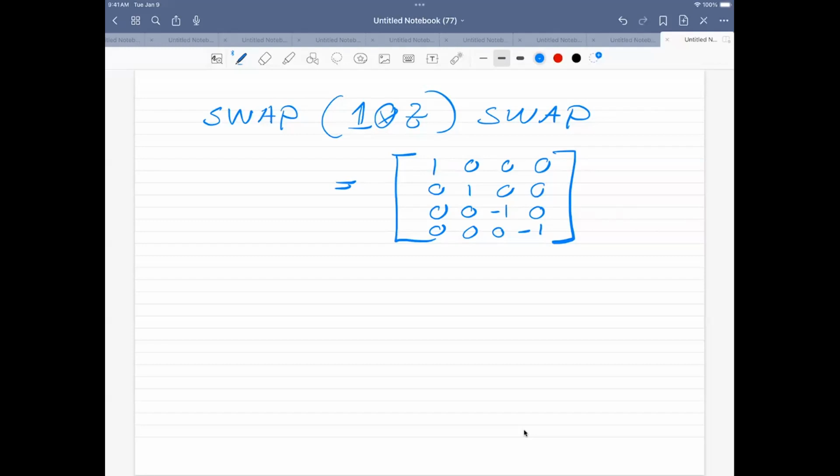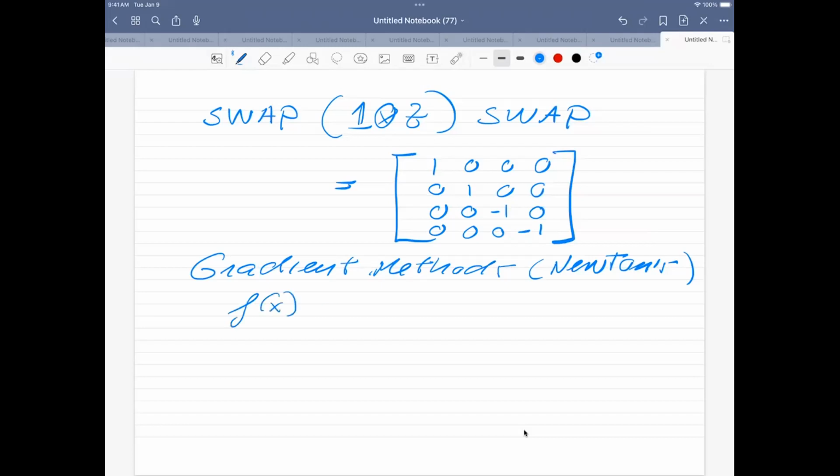So in our case, what we would have is Newton's method, or Newton-Raphson, which is more correct. If you have a function f of x, and you want to find the roots of that function, then you solve this iteratively. You would find the roots by an iterative process.